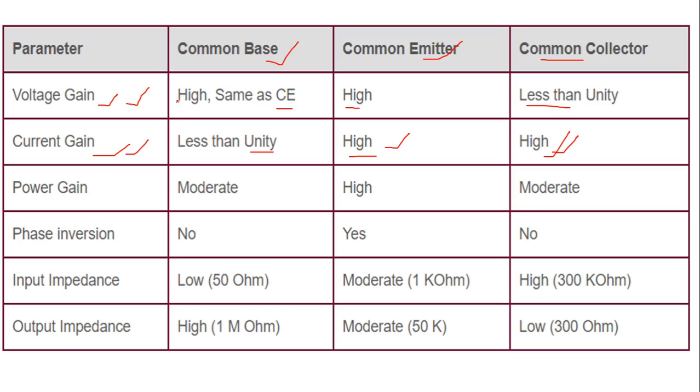In common base it is of moderate value, and since in common emitter both are high, you get the highest power gain in the common emitter configuration.